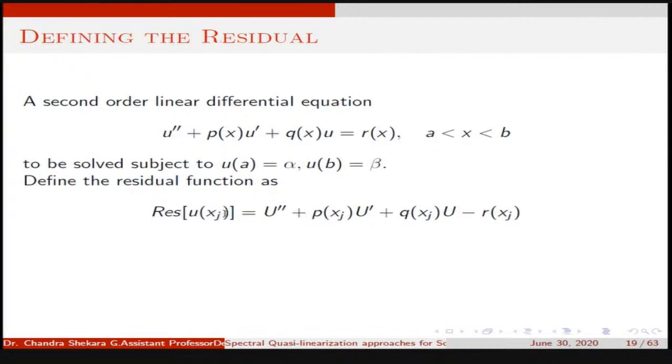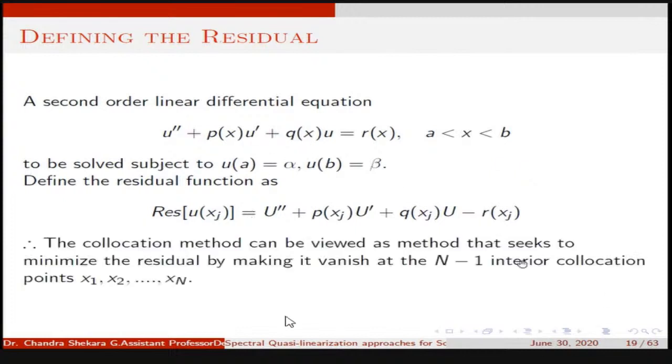You compute the residual at each collocation point. If this residual is very small or very close to zero, then capital U will be the best approximation for this differential equation. Therefore, this collocation method, or quasi-linear spectral collocation method, is nothing but minimizing this residual.